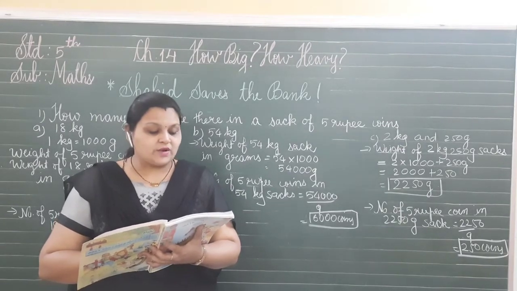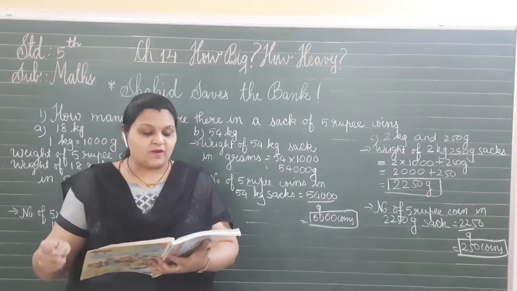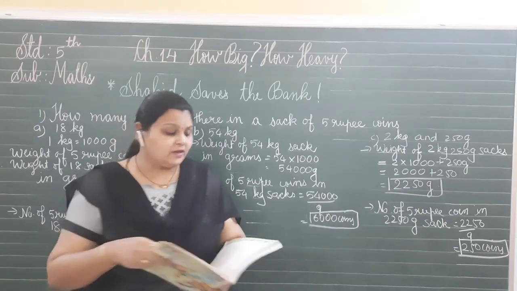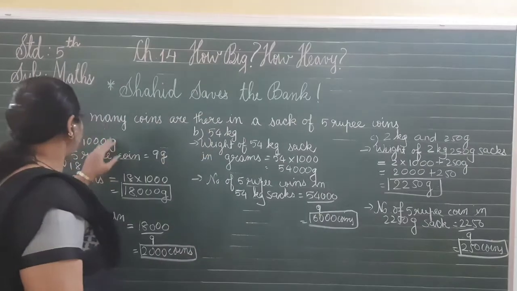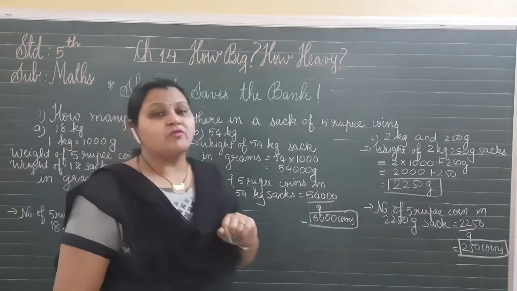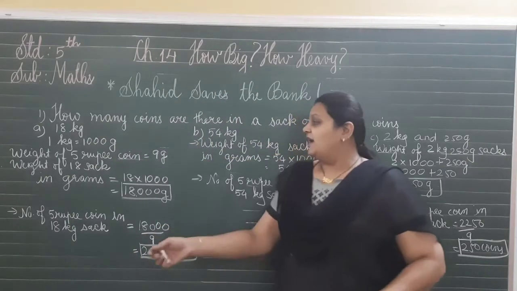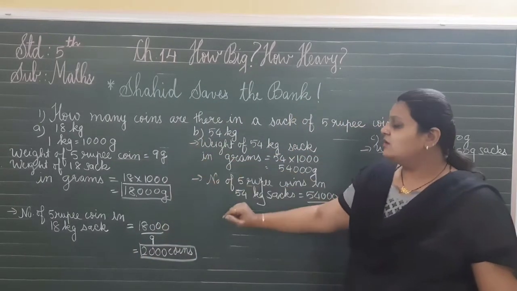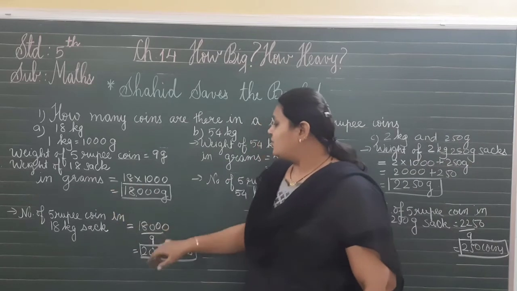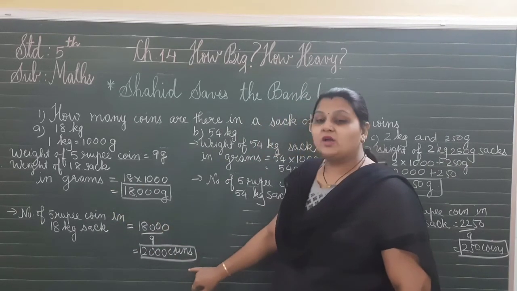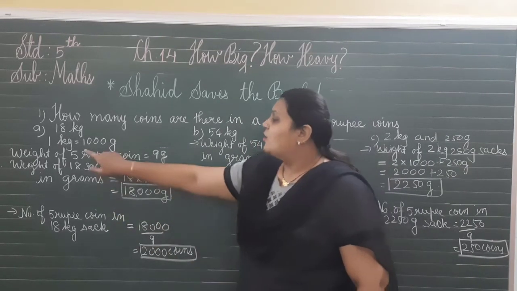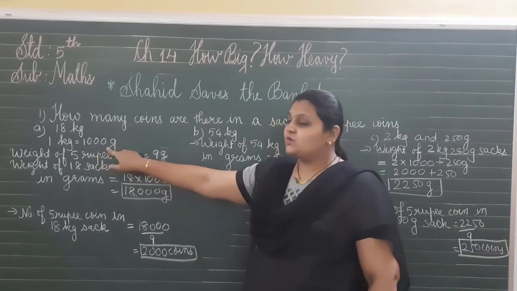First, how many coins are there in the set of 5 rupee coins? Number A, 18 kg. If the bag weighs 18 kg, what will be the weight in gram and how many coins are inserted? 1 kg is equal to 1000 gram.